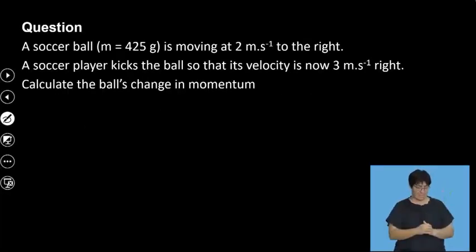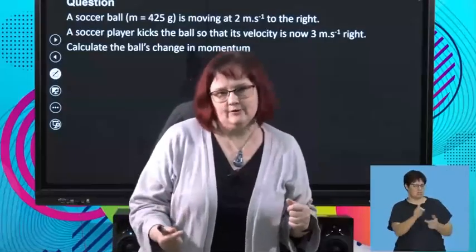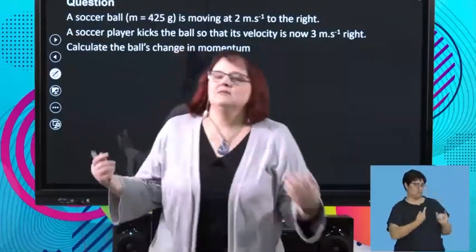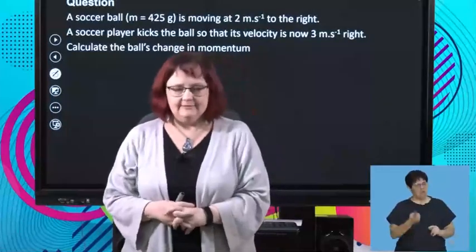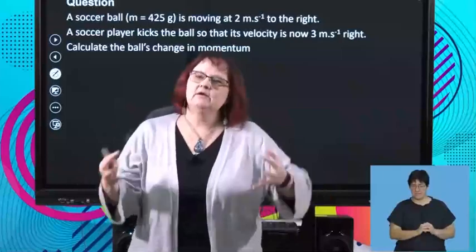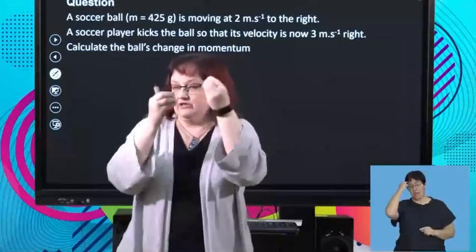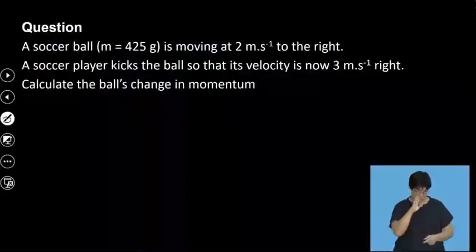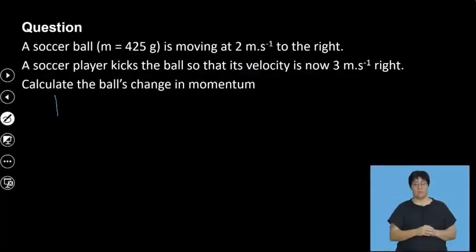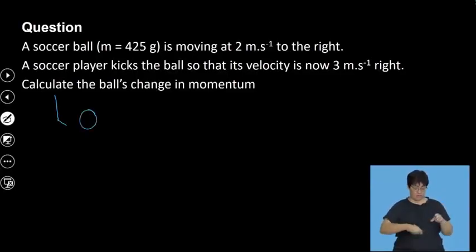So what I suggest, draw a diagram, okay? This isn't a particularly difficult situation to understand, but we all think better when we can visualize it. Now we know I can't draw, so we're just going to go with it. So what we have is the foot of the soccer player. Here's my ball. The ball has a mass of 425 grams.